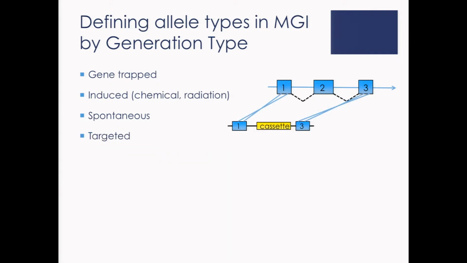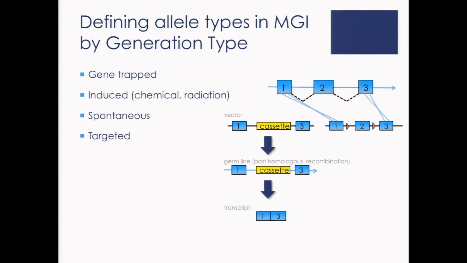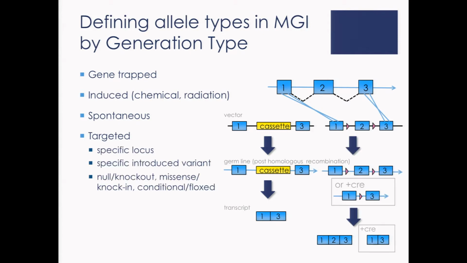A targeted allele is actually the first one where you have a homologous recombination in a specific location within the genome. Here the vector introduces a cassette that replaces exon 2, and the resulting protein does not contain exon 2 and is therefore non-functional. As an alternative, another type of allele that is targeted is a floxed allele, where you introduce recombinase recognition sequences indicated by the pink triangles.